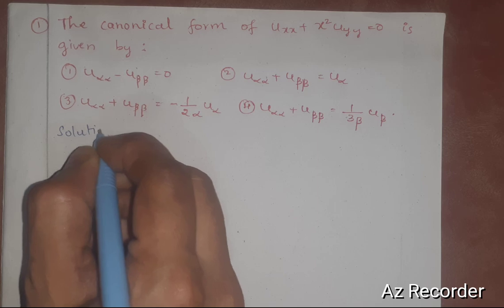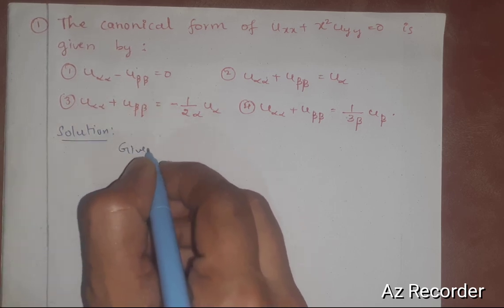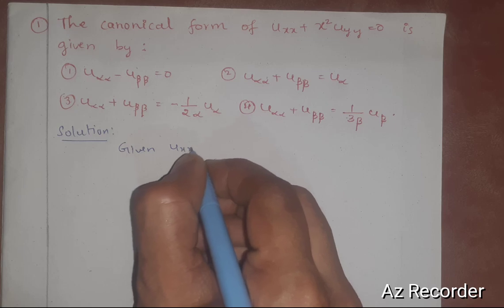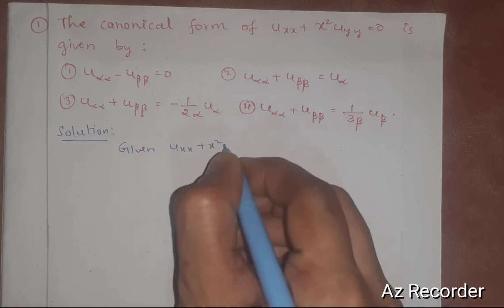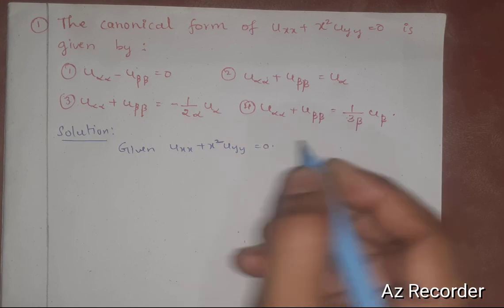Solution. Given uxx plus x square uyy is equal to 0.